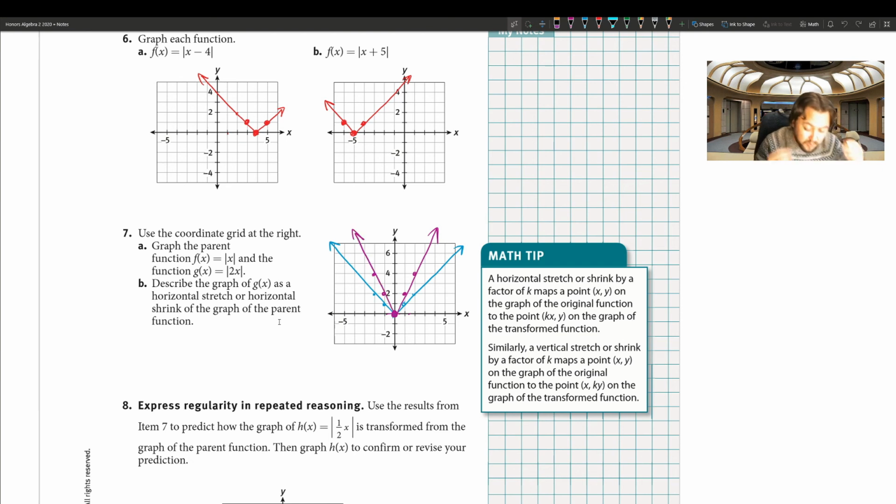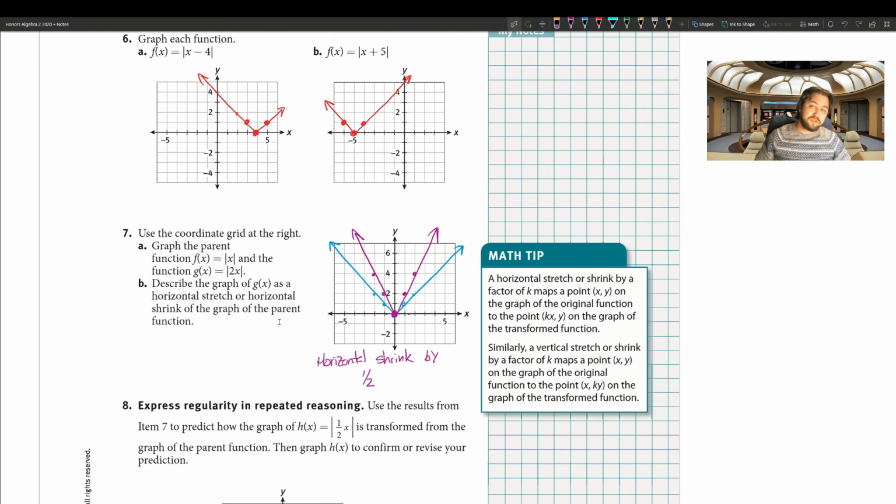All right, so let's go ahead and describe this graph. This looks to me like a horizontal shrink. So that's what I'm going to call it. Horizontal shrink by a factor of 1/2.